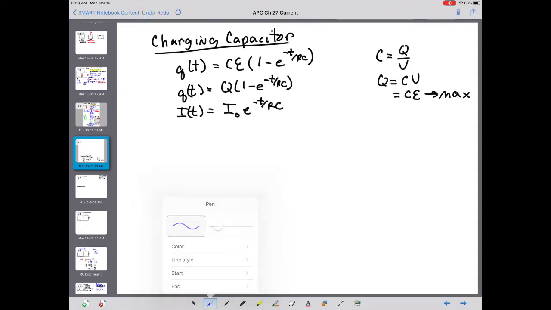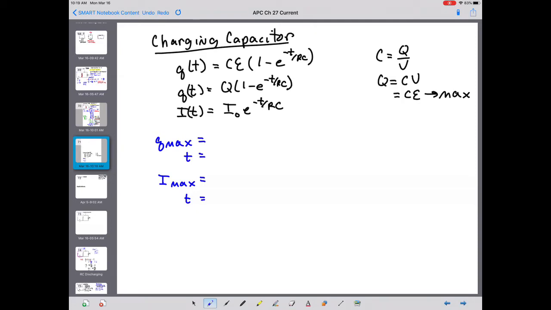Now, let's analyze that a little bit. If we think about Q max, what it is and when it occurs, I max, what it is and when it occurs.